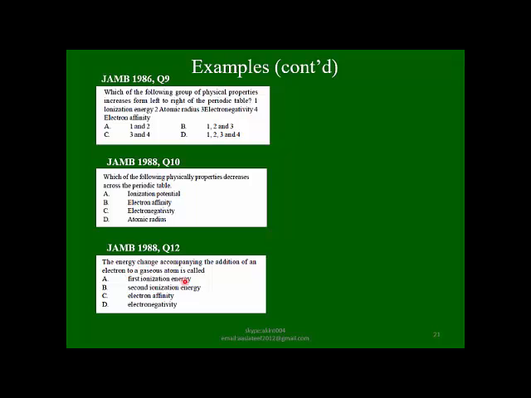The energy change accompanying the addition of an electron to a gaseous atom is called dash. We need to be very careful here. Addition of an electron, it is not loss of an electron. If it is addition of an electron, it is called electron affinity. If it is loss of an electron, it is called ionization energy. So they put all of the options there to make students confused.